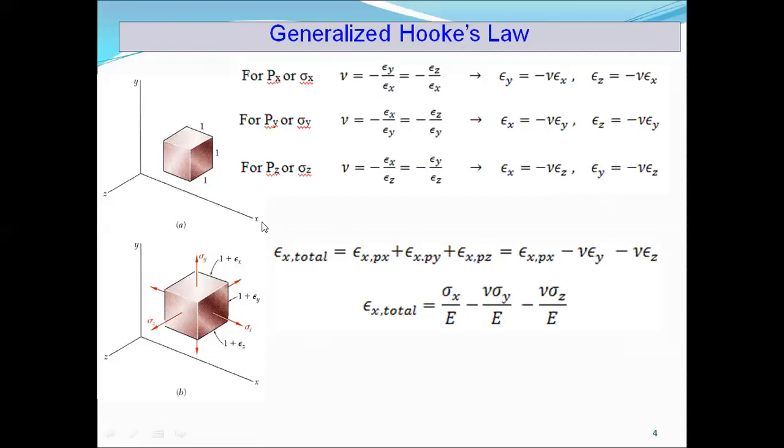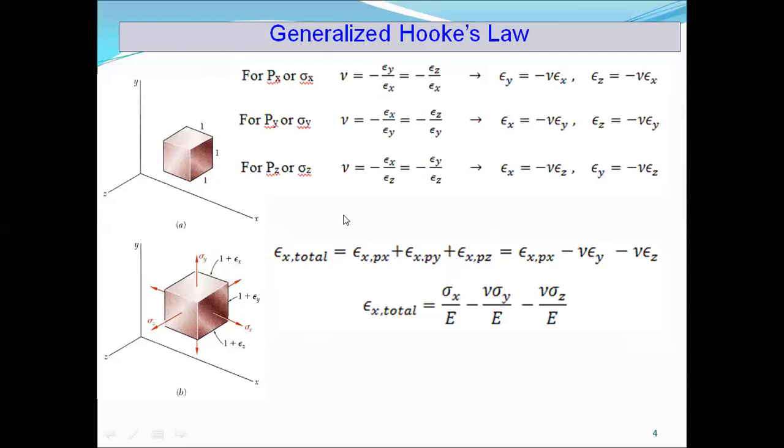Now we would be using the principle of superposition. We have to add all the strains along x-axis, all the strains along y-axis, and all the strains along z-axis. So here, for example, the total strain along x direction, that is epsilon x total, is equal to strain epsilon x due to load Px plus strain epsilon x due to load Py plus strain epsilon x due to load Pz.